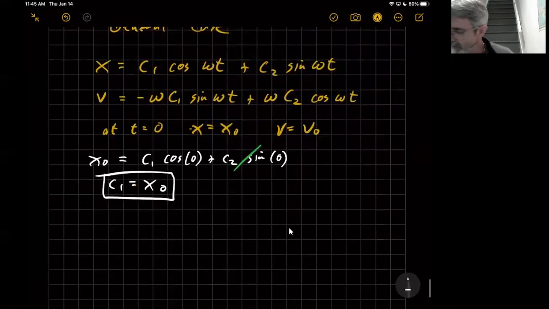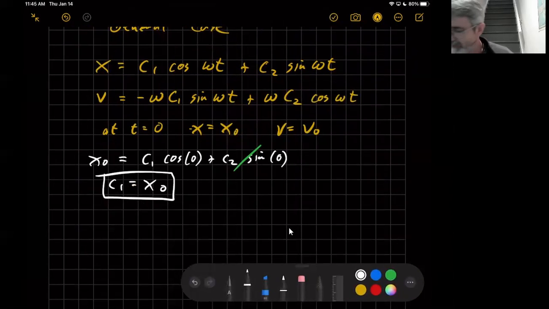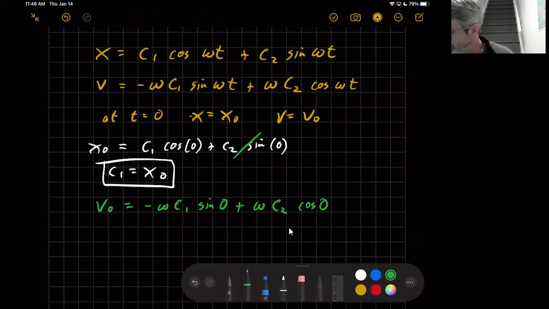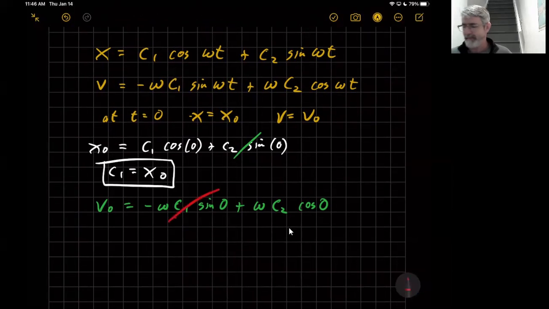All right. We can continue and look at the velocity equation. We know that v is equal to v naught. And that should be negative omega C1 times the sine of 0, since we're doing this all at time 0, plus omega C2 cosine of 0. This time, this first term will go away, because the sine of 0 is 0 and the cosine of 0 is 1.